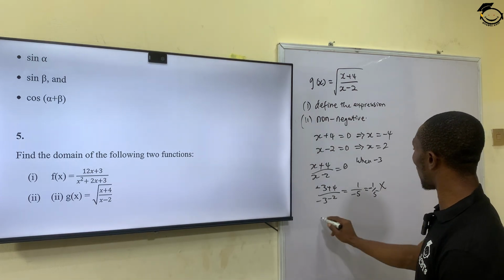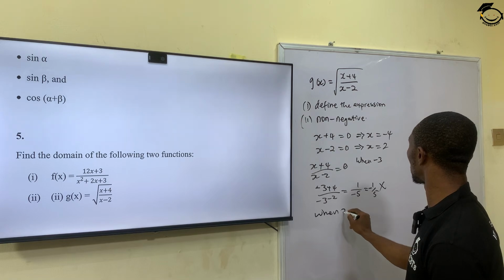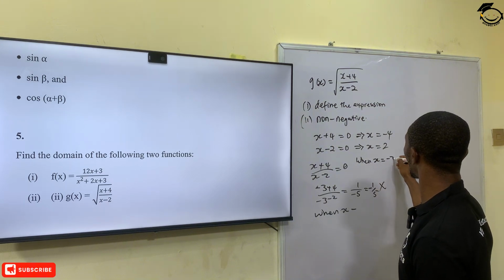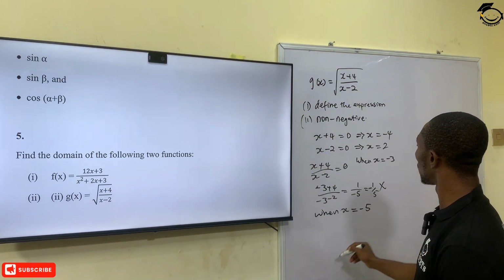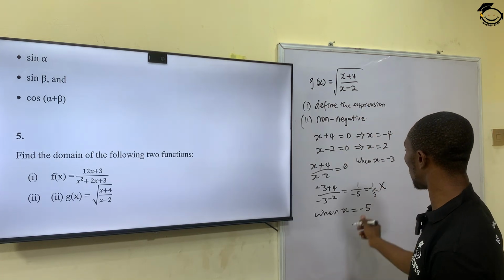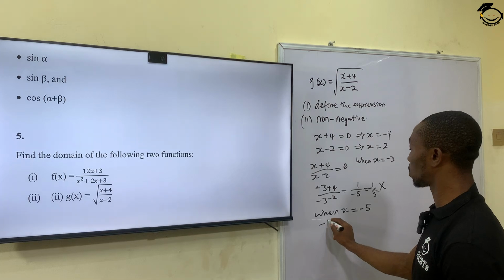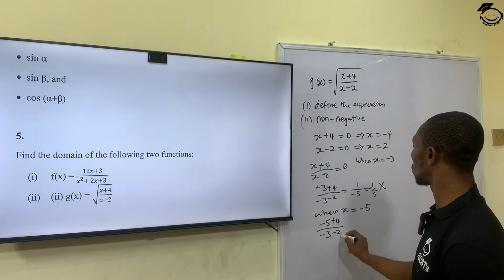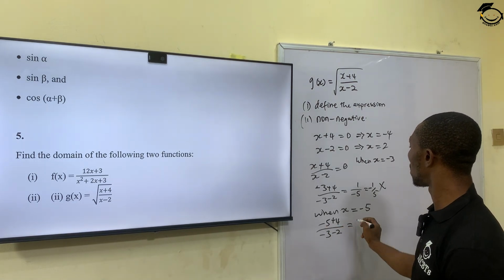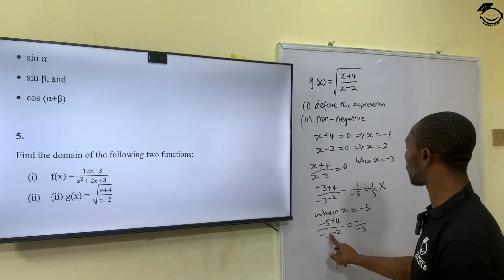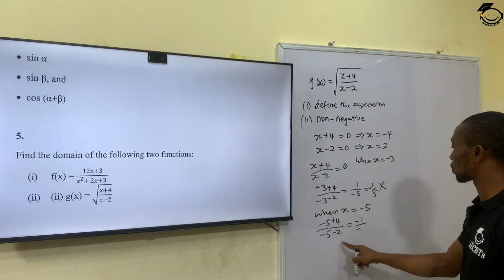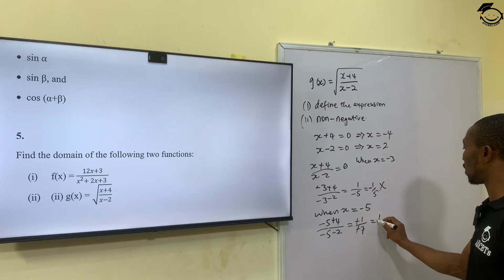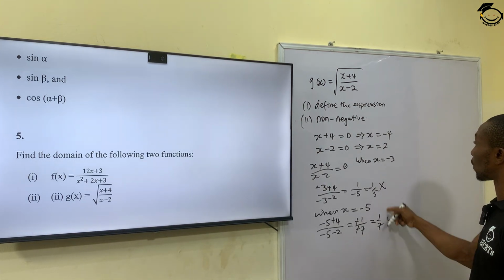So, when x is minus 5, which is less than our minus 4, this gives us minus 5 plus 4 all over minus 5 minus 2, which will give us minus 1 over minus 7. Minus cancelling minus gives us a positive. This satisfies our equation.